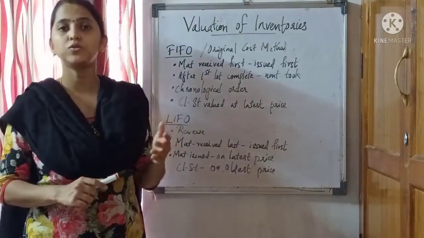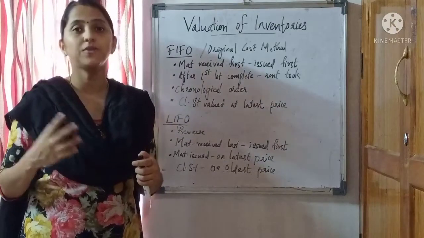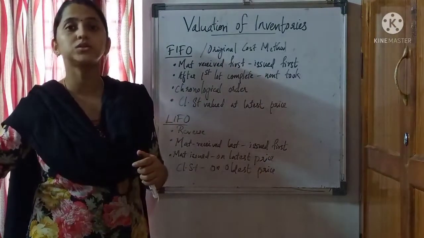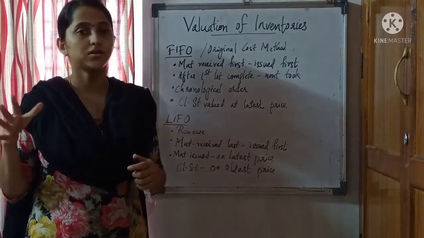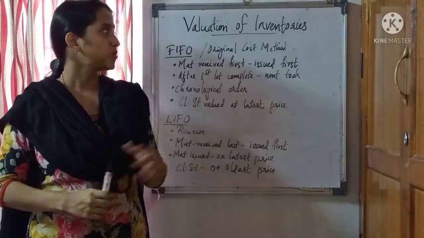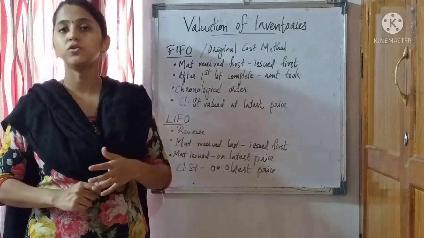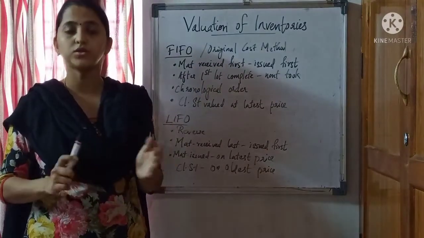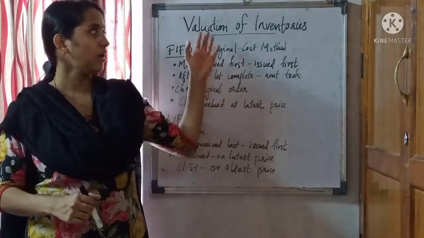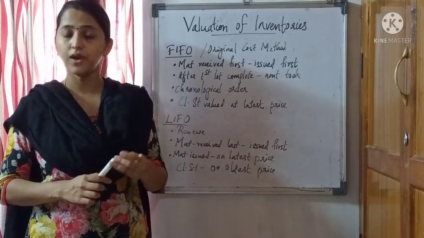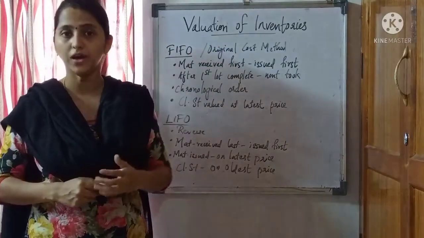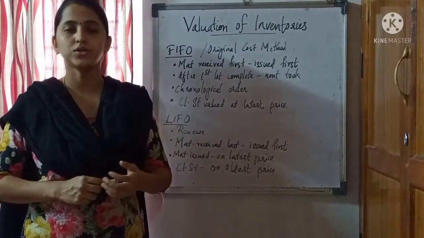Inventories should be valued because we have to ascertain the value of the stock being held, the value of the closing stock held in the firm. So in order to ascertain the value of closing stock, or the movement of the inventories, we have to do the inventory valuation.